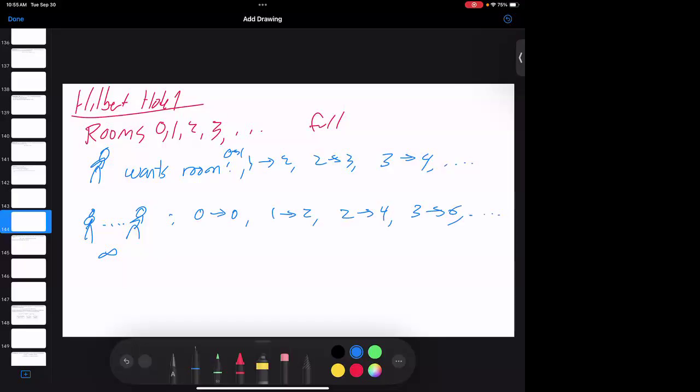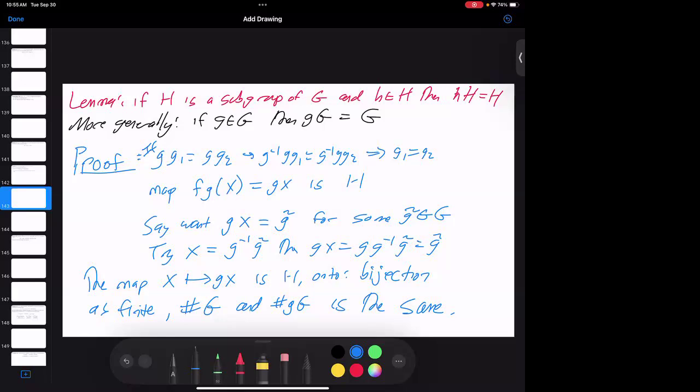So as soon as you have infinities, it turns out that there are different levels of infinity. And just because two things have the same level of infinity doesn't mean they have the same elements. And so it's very important here that it's finite. Because there are only finitely many elements, if the two sets have the same number of elements, then it must be the same.